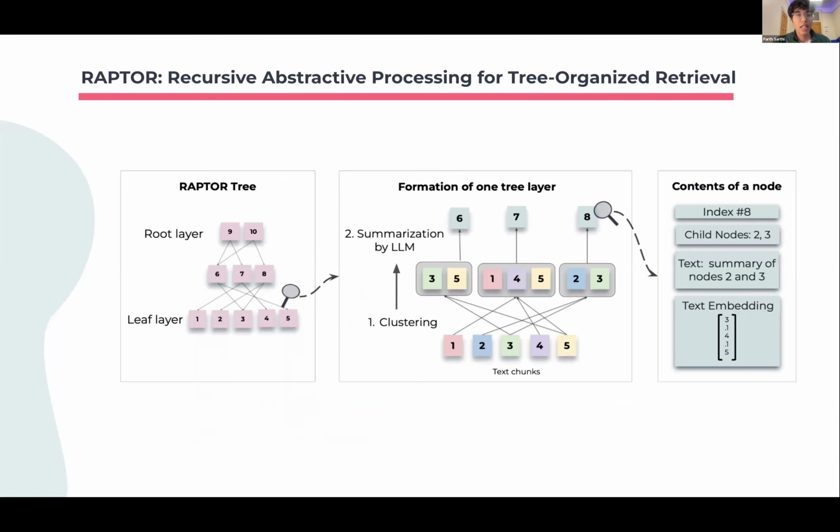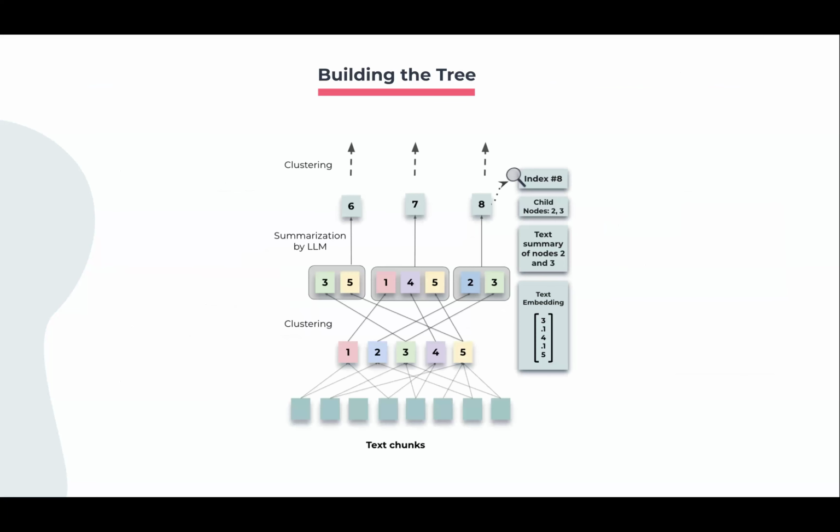RAPTOR is a technique that uses clustering and summarization to create a RAPTOR tree, and we retrieve from this tree at inference time to provide both higher level and lower level information to your language model. So how do we build a tree, right? We build a tree by starting off chunking your retrieval corpora normally.